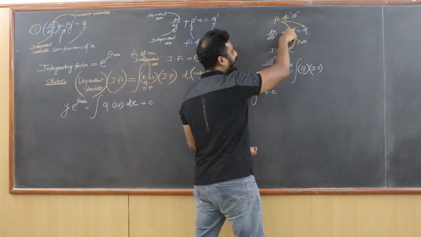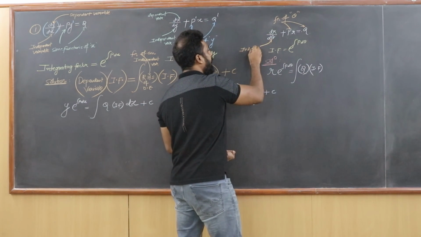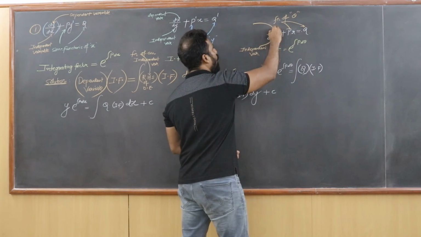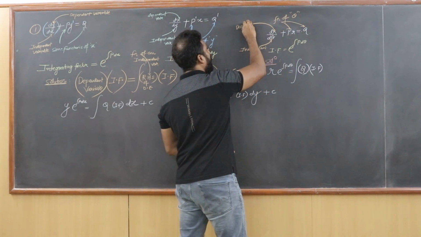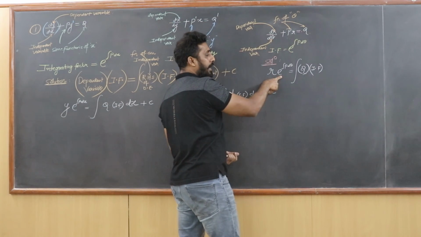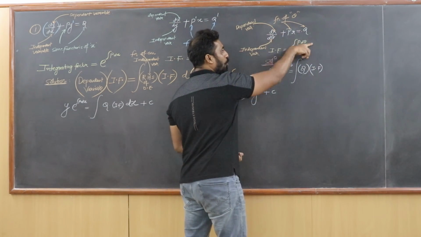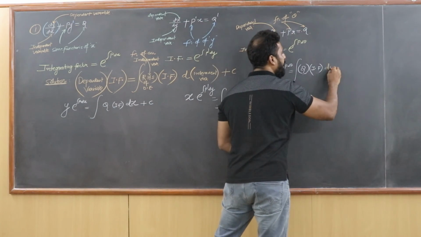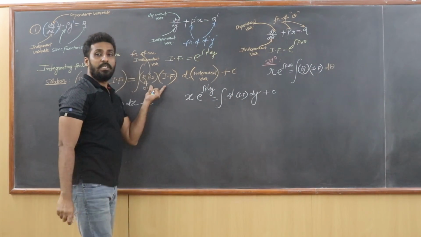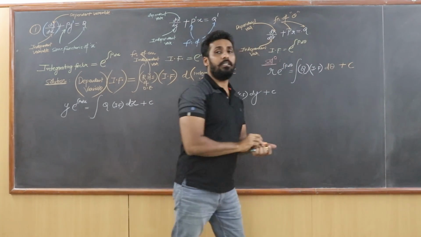Now why they are functions of theta? Because theta was the independent variable. R was the dependent variable. So R, IF, integration RHS, which is Q, function of theta. IF will also be a function of theta. I should then write d theta, and theta was my independent variable. So it definitely resembles my formula, and obviously I'll be putting plus C.